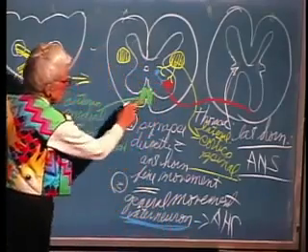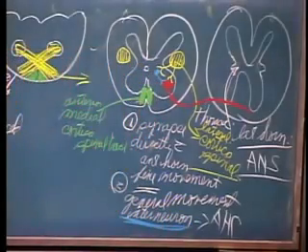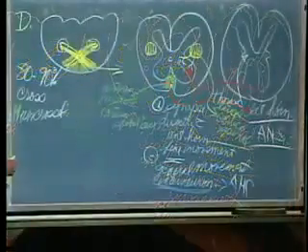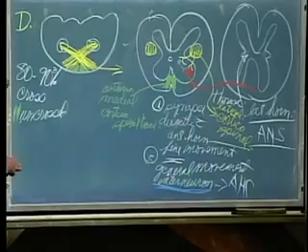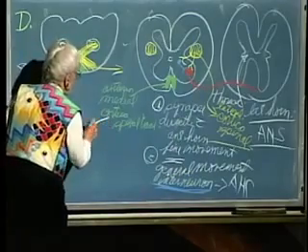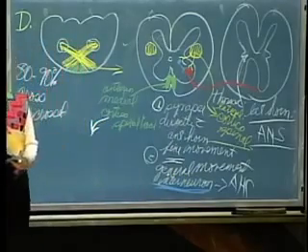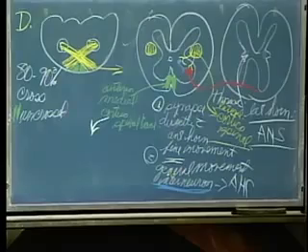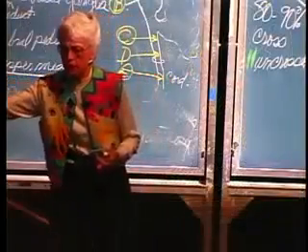Now you say, well, what about this other 10 to 20% that hasn't crossed yet, that's down here in our anterior corticospinal tract? Well, those fibers will cross at the segment in the cord where they're going to leave the cord.